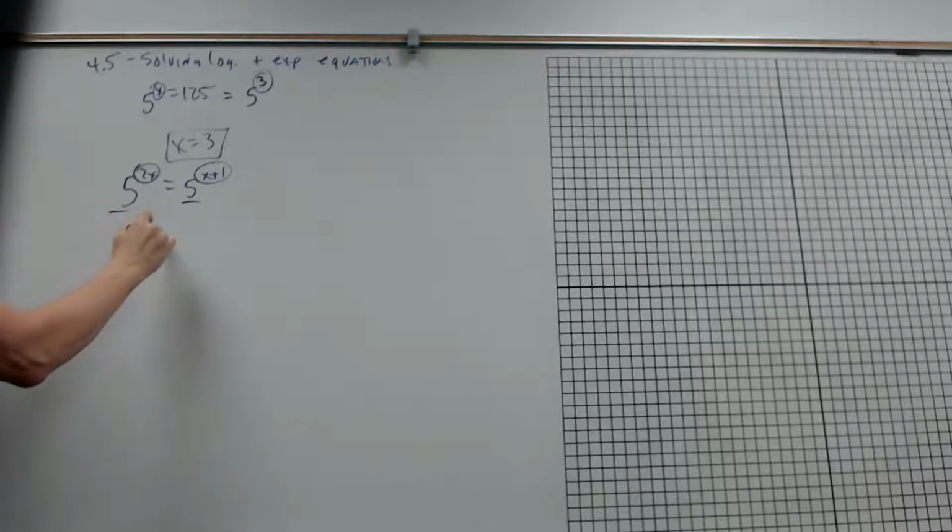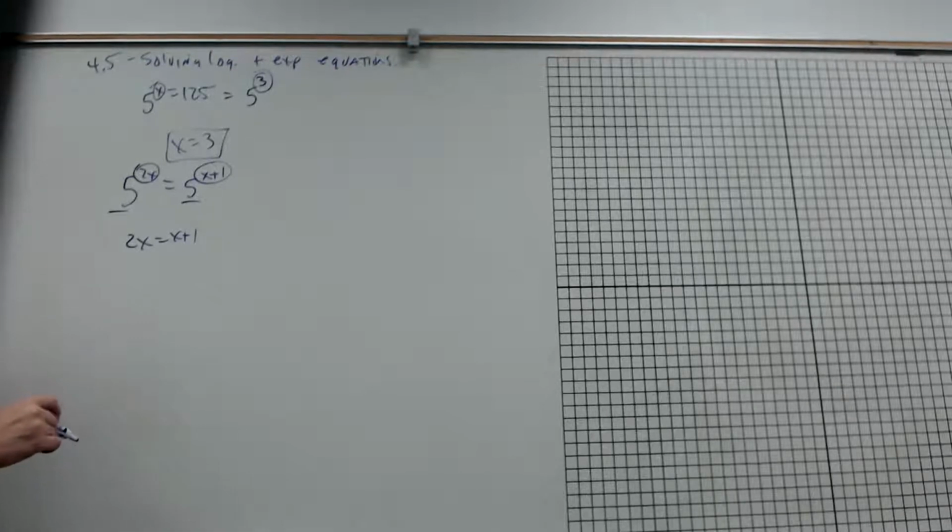So 2x equals x plus 1. How would you solve that? Well, first I'll get the x's on the same side. Subtract x. So x equals 1.